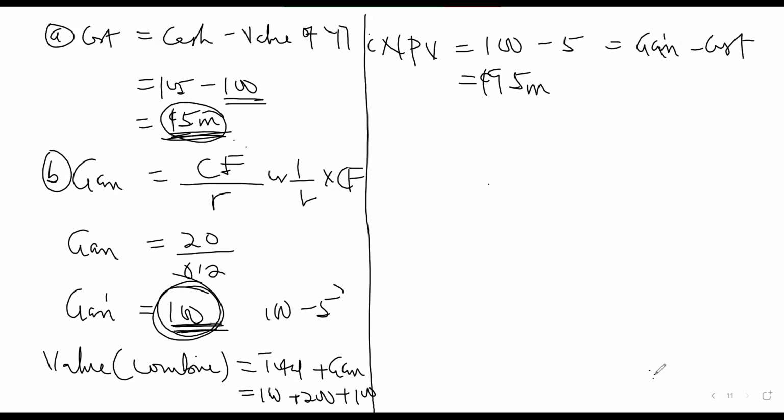Okay, let's come to the D. The gain to who? They are saying gain to the shareholders of the seller, isn't it? Yes. What will be the gain to them? What will be the gain to the company that they are buying? The 5 million. Okay, that will be 5 million.